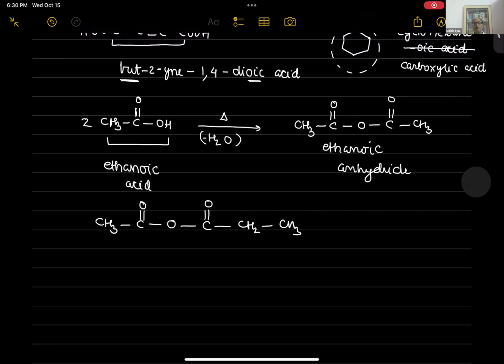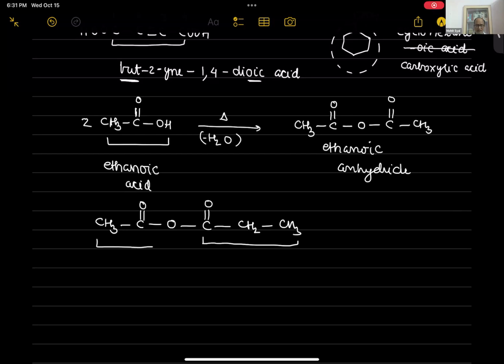So first try to figure out the name of the acids. There are carboxylic acids only. What were the names of the oic acids? Yeah, this is propanoic, okay, but now it is not acid.